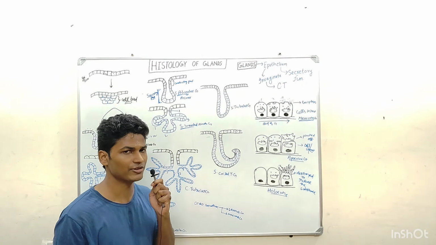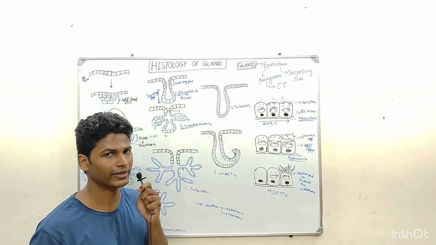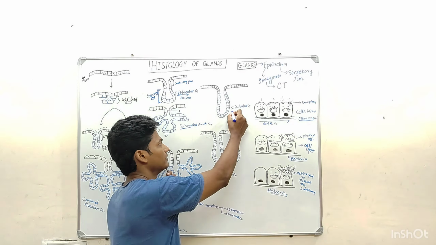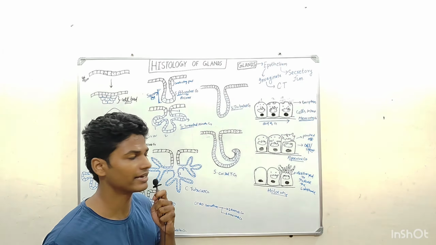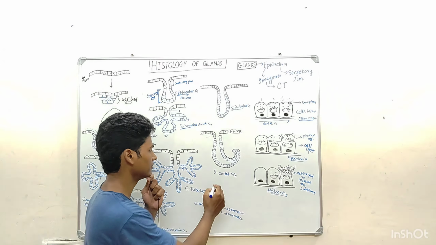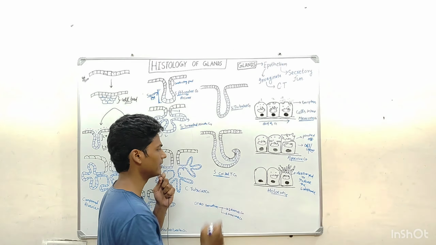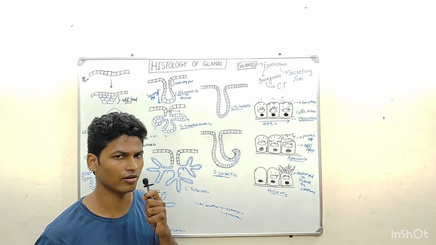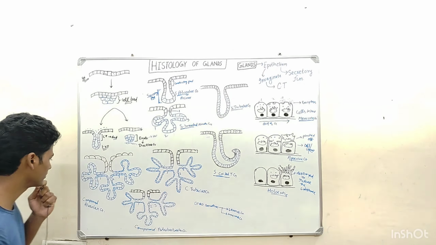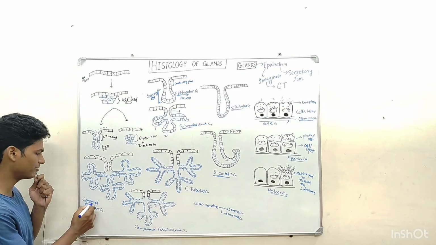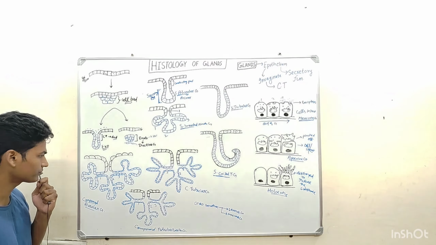Simple branched alveolar gland is mainly seen in the merocrine sweat gland, and the simple tubular gland is seen in the intestinal gland, and the simple coiled tubular gland is seen in the sebaceous or oil gland. And if we talk about an example of a compound alveolar gland, it is seen in the mammary gland.